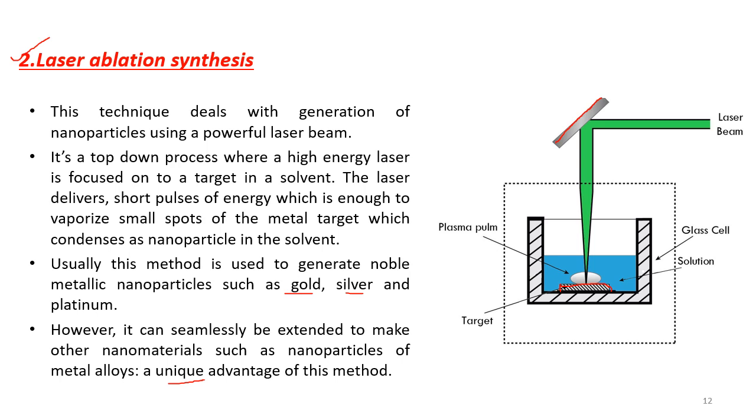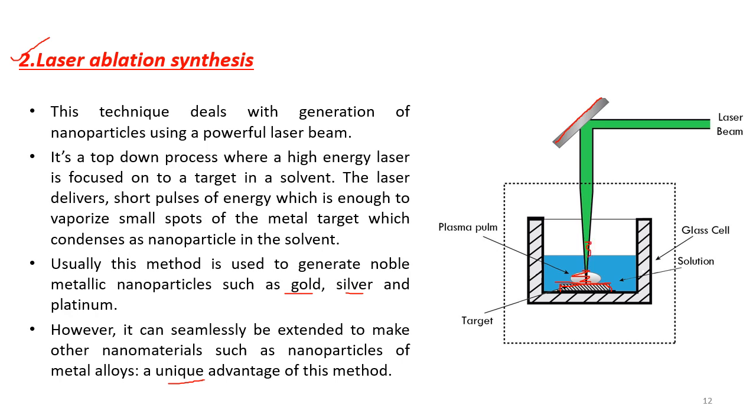So how does this happen? Very high laser energy is focused on the target in the solvent. This is the solvent here, and the laser delivers short pulses of energy, with the laser beam in the form of a wave.